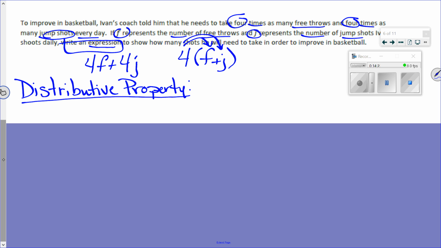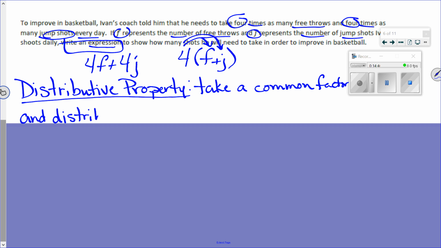Make sense? So the distributive property is: take a common factor and distribute to individual terms.